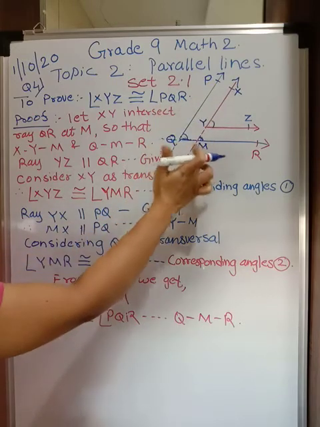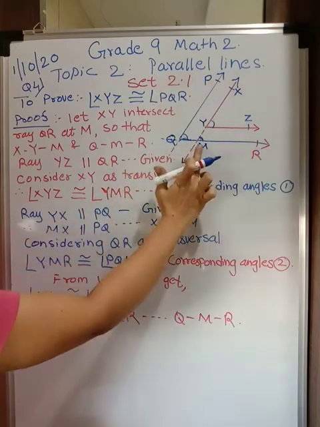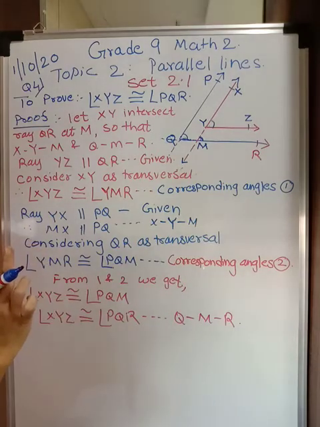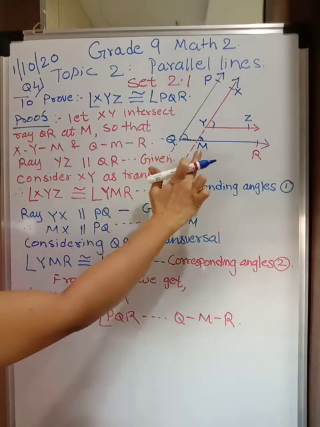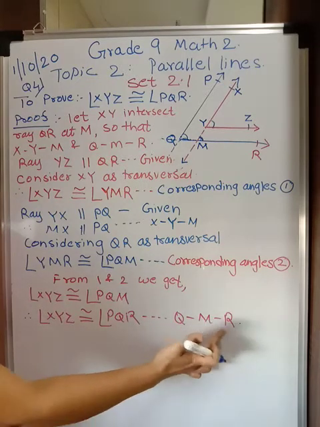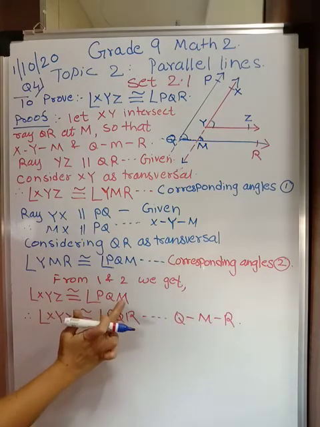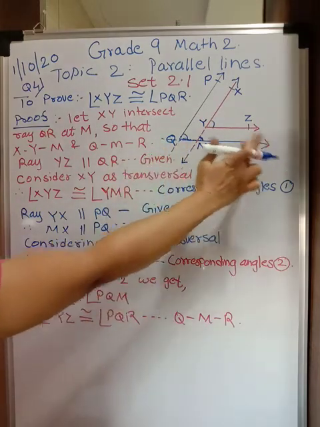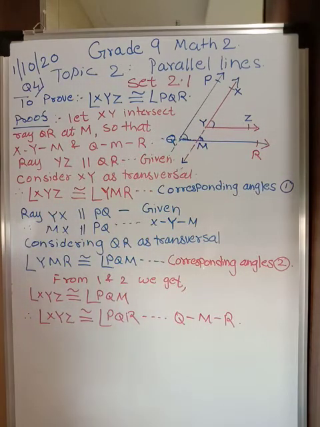PQM, but PQM is equal to PQR, no, because MR is only an extension of ray QM, because it is Q dash M dash R. Is it clear? See, Q dash M dash R. Therefore, here PQM I have replaced with PQR, because QM and QR are lying on the same line. Isn't it easy, students?